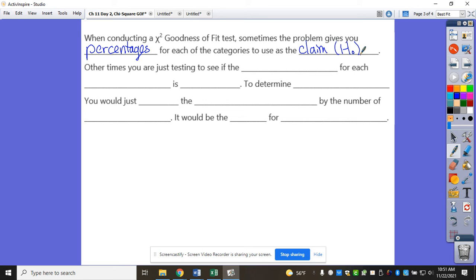So like, I think it's supposed to be 20% this, 30% this, and so forth. Other times, you are just testing to see if the percentage for each category is what you think is going to go there.